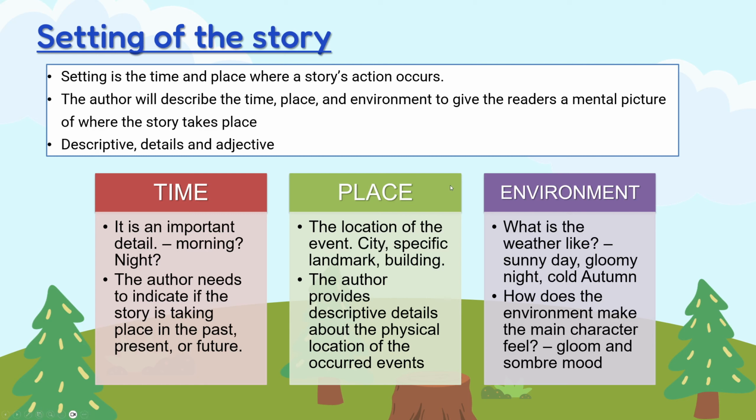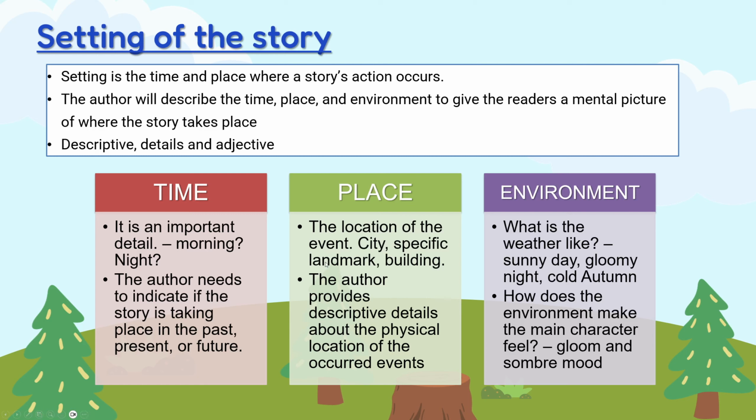Depends. Okay, and then the place. Where is the location of what happened? So the location of the event can be in a city or a specific landmark or building. Maybe it happens in the Twin Towers of Petronas, maybe in the USA where the Statue of Liberty is, or maybe at Big Ben in London.